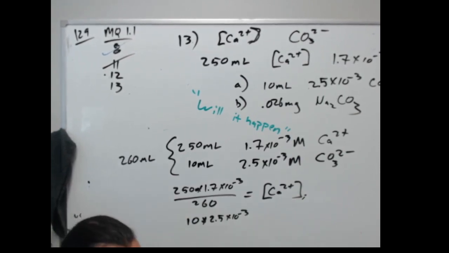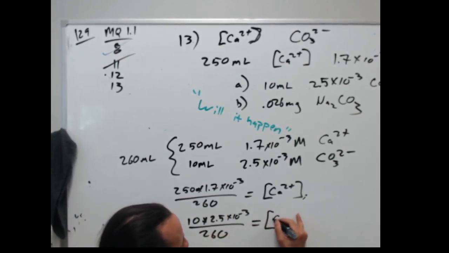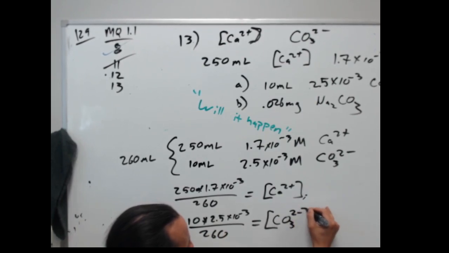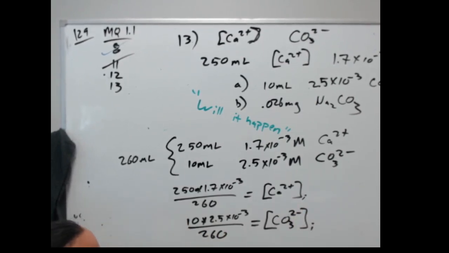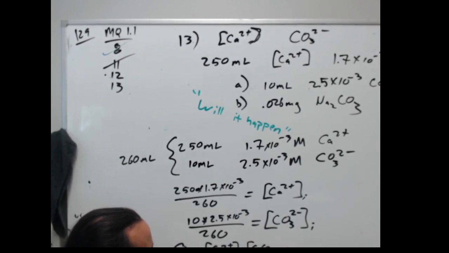We're pouring this together and seeing what happens. Then we're going to have that divided by 260. That's going to be equal to my carbonate concentration initial.